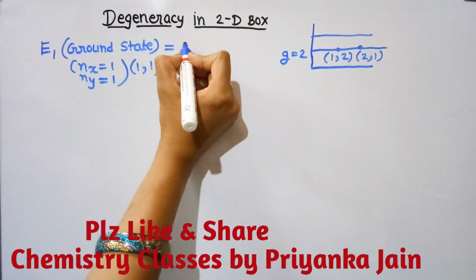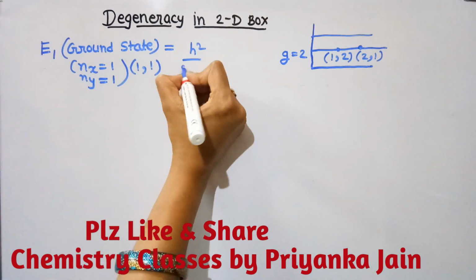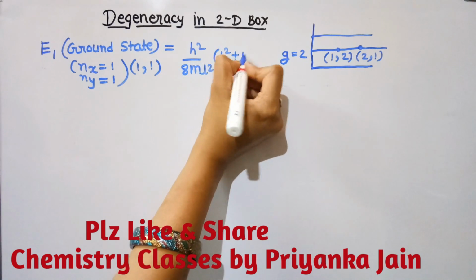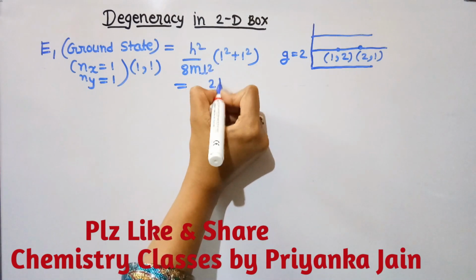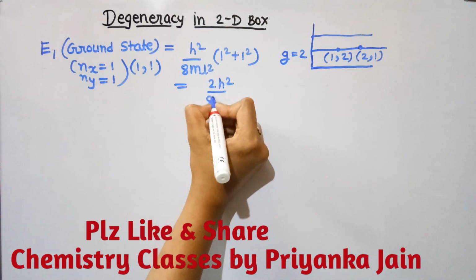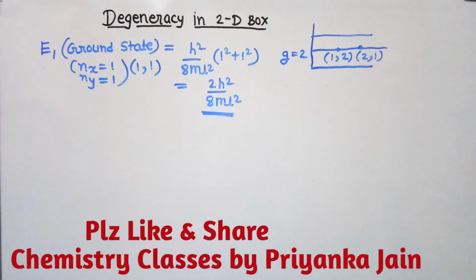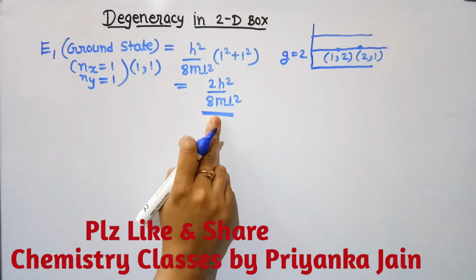So E11 will be equal to h square upon 8mL square times 1 square plus 1 square. So this will be equal to 2, so this value will be equal to 2h square upon 8mL square. This is the ground state energy for the 2D case.